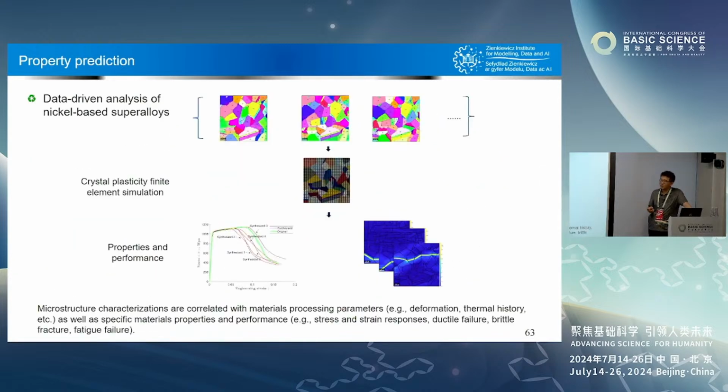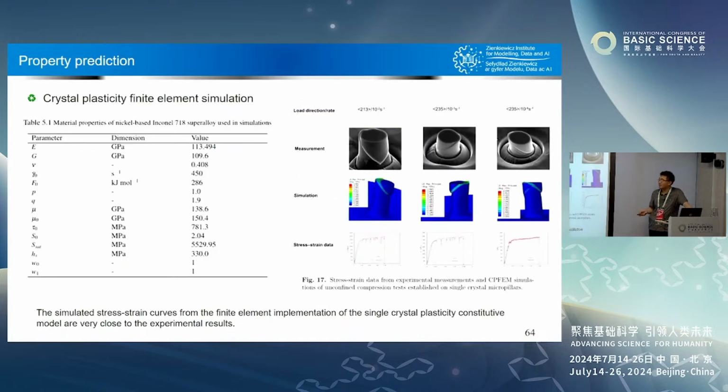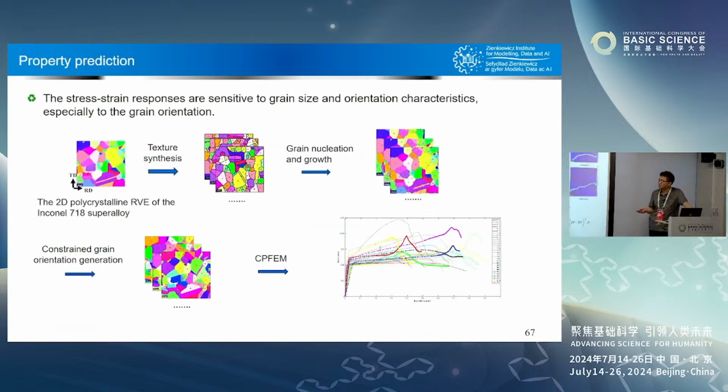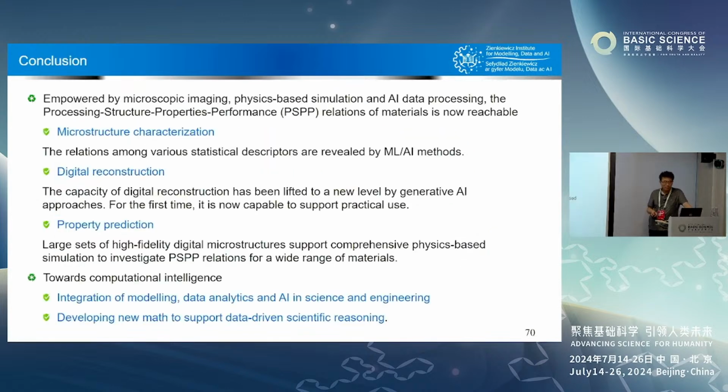The next example is a bit more complex physics. It's about alloy, everything. So, reach the so-called processing-structure-properties relationships for materials.